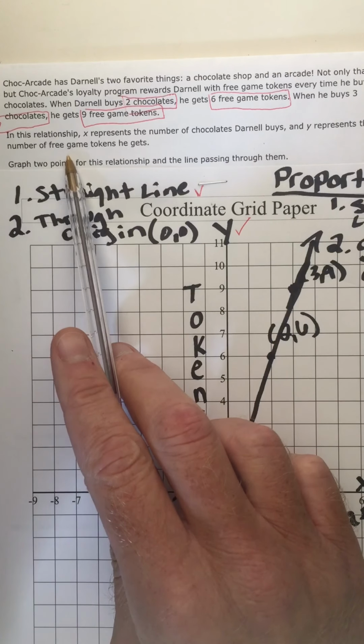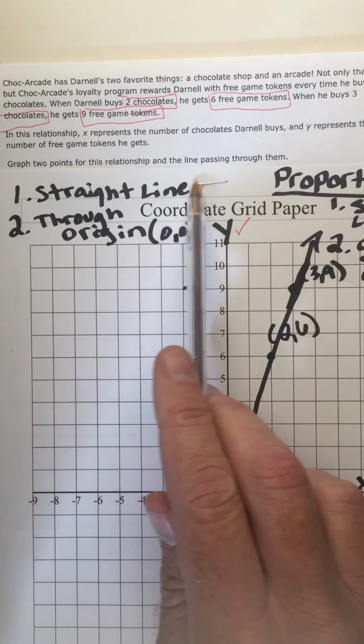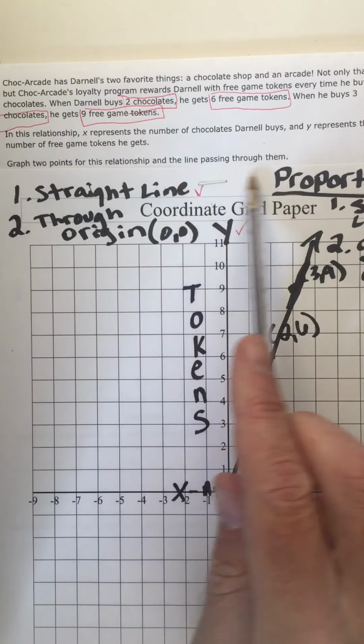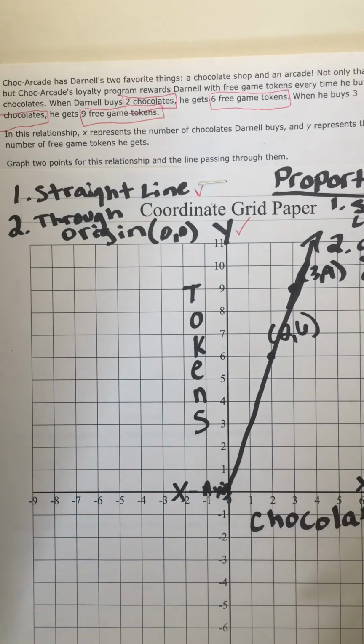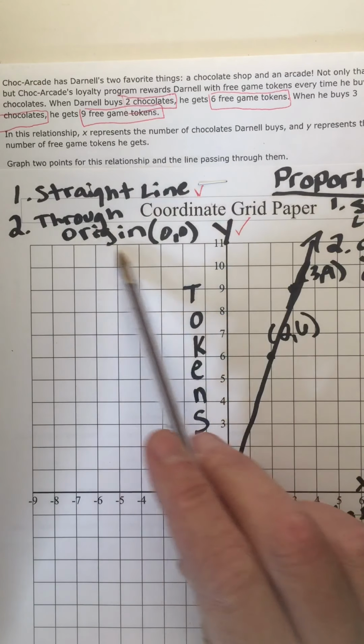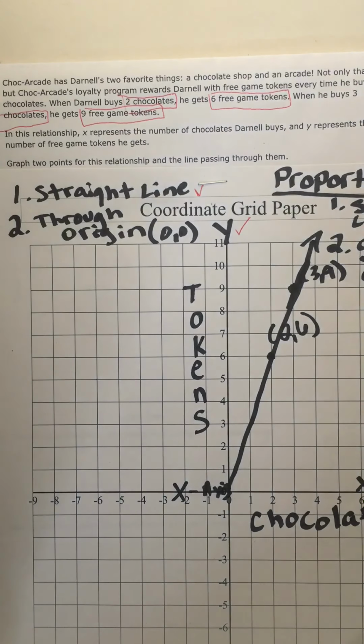The question is asking, graph 2 points for the relationship and the line passing through them. So the IXL is just going to ask, is this a proportional relationship? We know that it in fact is, because it's a straight line and it passes through the origin. Good luck.